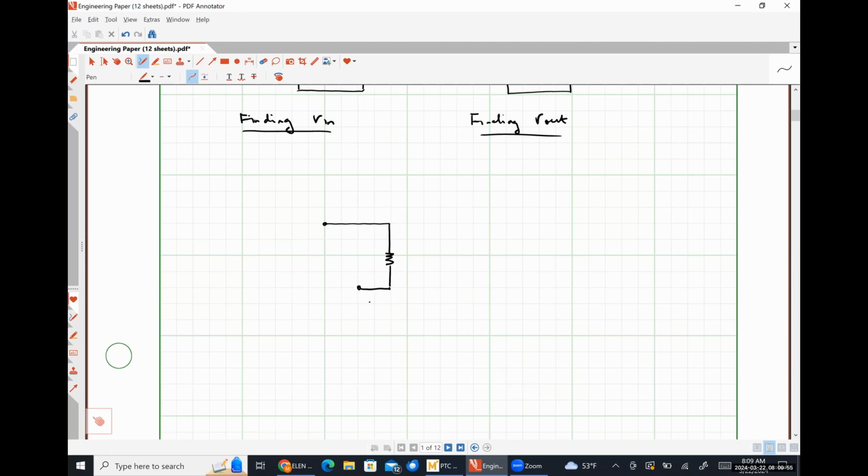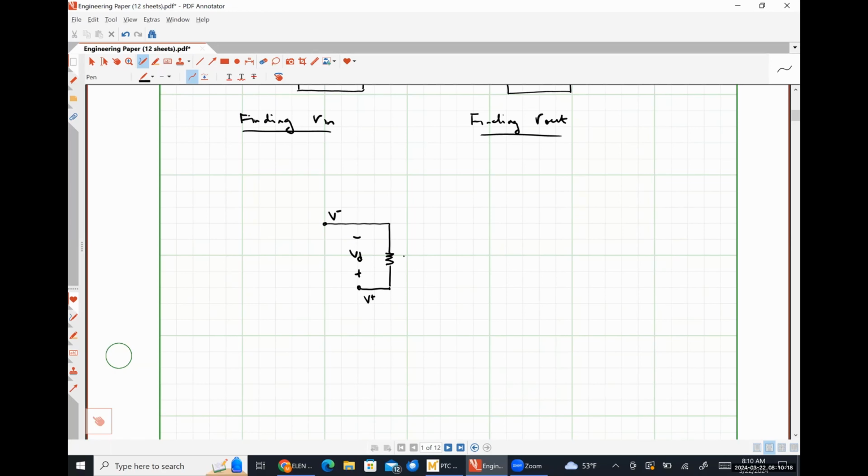Down here we have our non-inverting input terminal, and up here is our inverting input terminal. Our differential voltage VD has positive polarity on the bottom, since it's always defined such that the positive polarity terminal is at the non-inverting input.